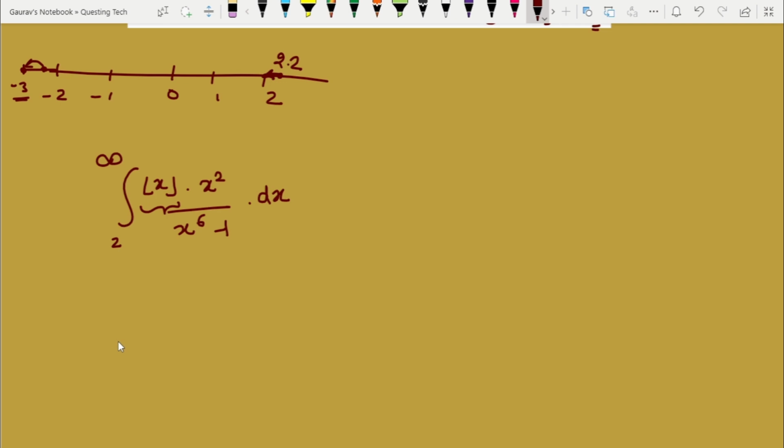So what we are going to do is solve this question piecewise. If x is between 2 and 3, this greatest integer of x is a constant and its value is 2. And if x is between 3 and 4, this greatest integer function comes out to be 3.